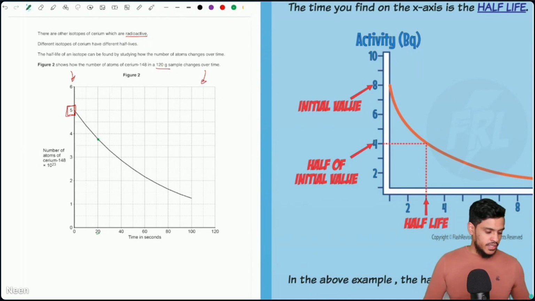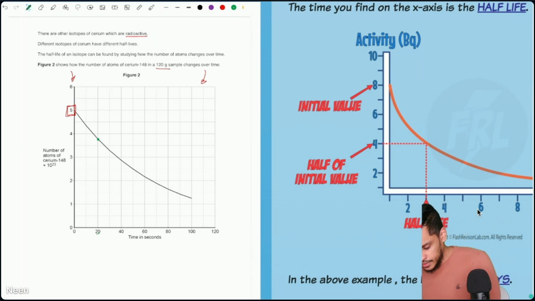So you want to draw a tangent at 20 seconds. Whenever you draw a tangent, you want to make sure that the line you draw is the same gradient as that single point. So I'm going to try and draw this tangent here. If it works, does it work? No, it's not working.